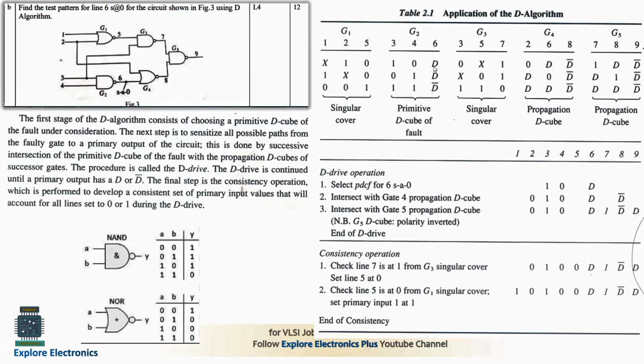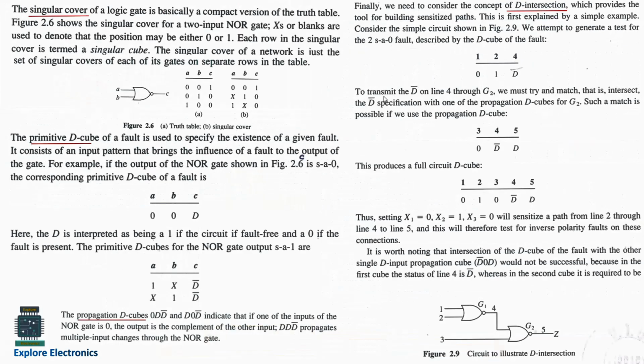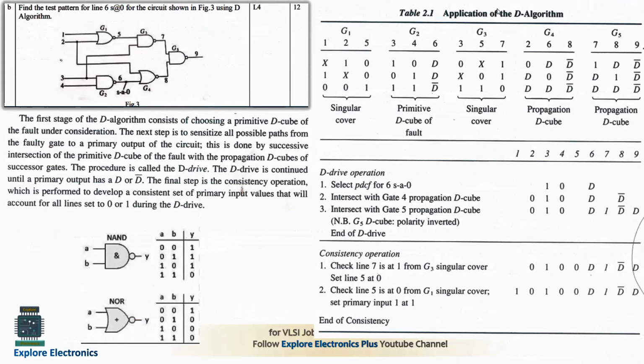And we need to assume that output D, let us take it as 1 and D bar will be 0. So D will be 1 only when one of the input will be 0. When one of the input is 0, then only the D will be 1. For 1 0 it is D, for 0 1 it is D, and for 1 1 it is D bar. That is the primitive D cube of the faulty path.